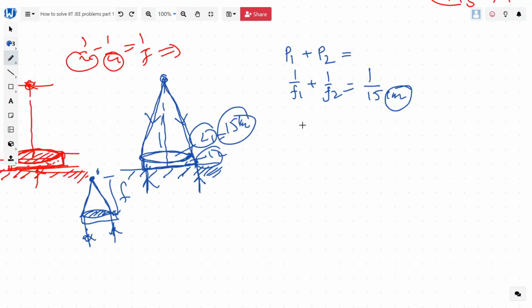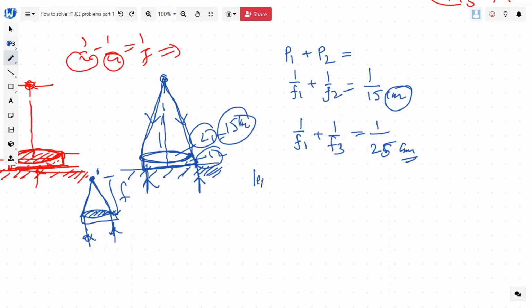So now we have focal length of lens number 1 plus focal length of lens number 3, and that is 25, in centimeters. Now we don't know radius of curvature or anything, but we know about this lens.